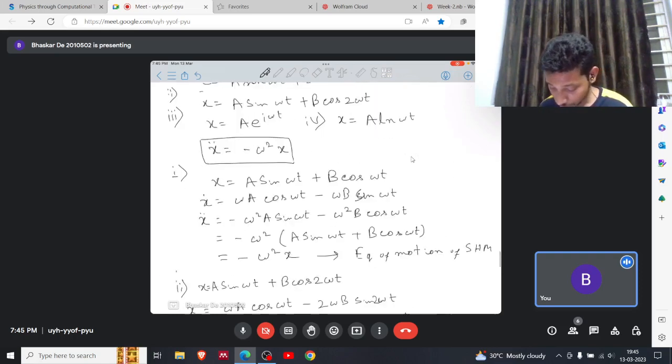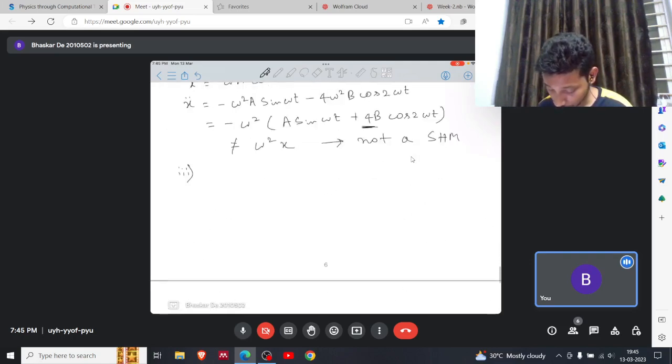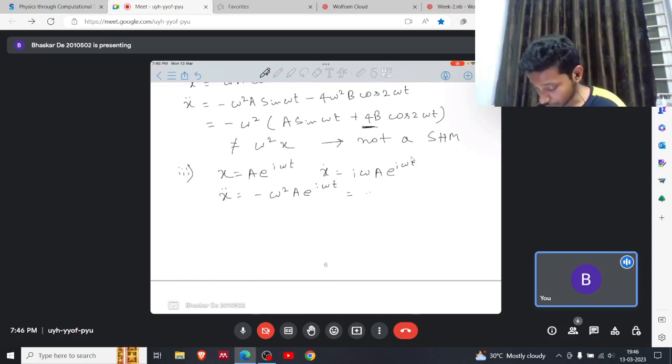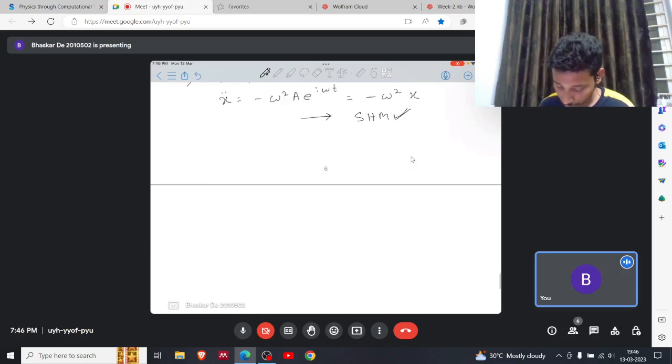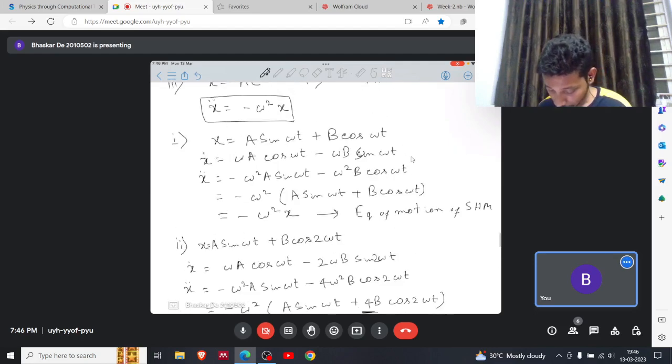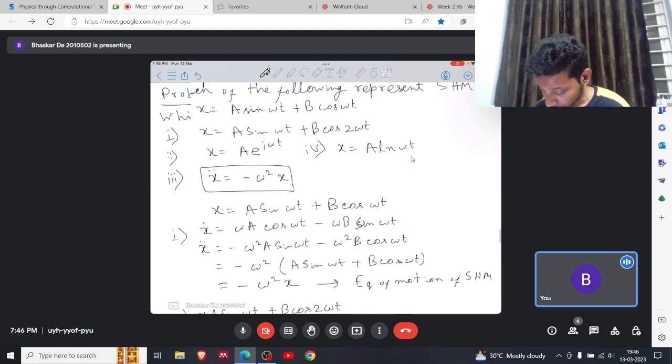Again, for the third problem, x equal to a e to the power i omega t, x dot equal to i omega a e to the power i omega t, x double dot equal to minus omega square a e to the power i omega t, which equals minus omega square x. Again, for the fourth problem, x equal to a ln omega t.